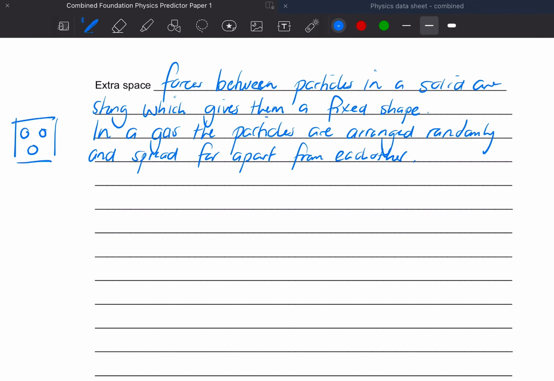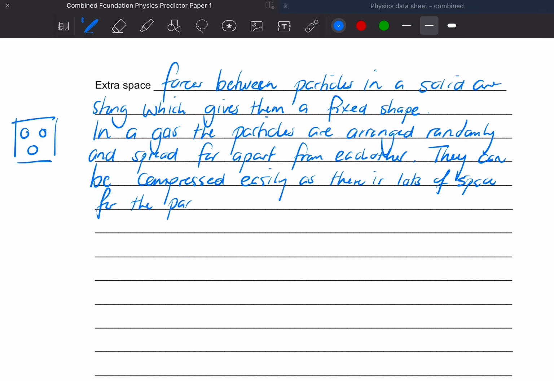So in a gas, the particles are arranged randomly and are spread far apart. They can be compressed easily as there is lots of space for the particles to move into when squashed.